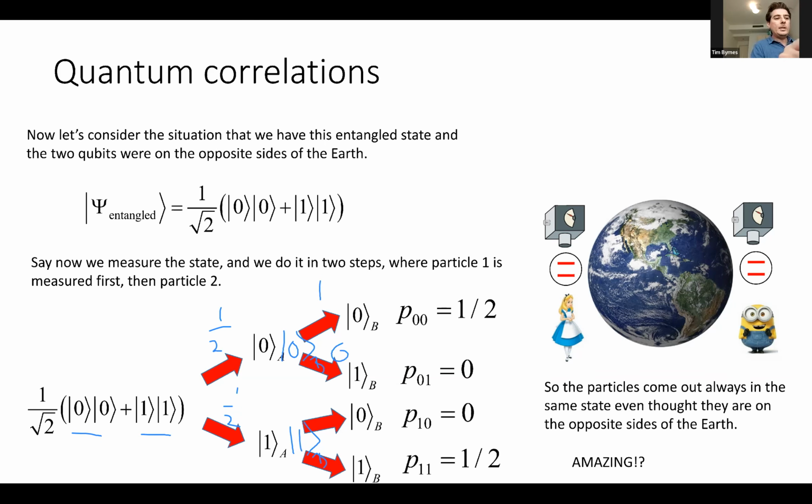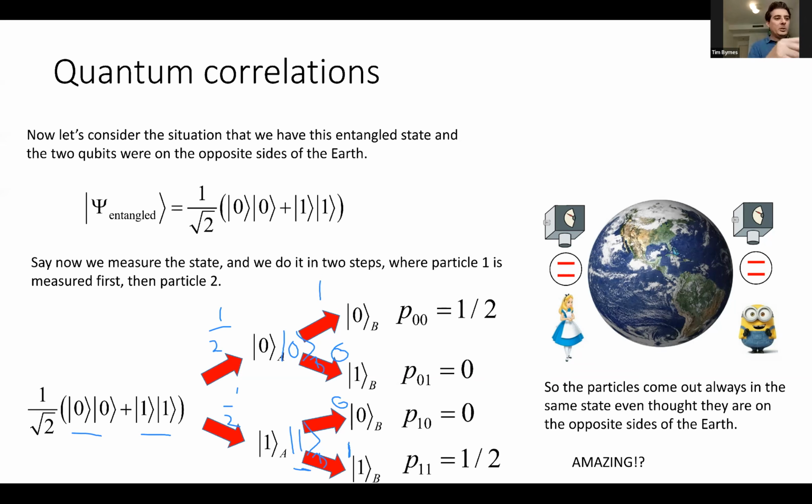And with 0% probability, it will be 1, because after this first step has happened, it's already 0, okay? For the lower branch, after Alice measures 1, then Bob's state is also 1, right? Then with 100% probability, Bob will get 1 because the state is already 1. And with 0% probability, Bob will get 0.